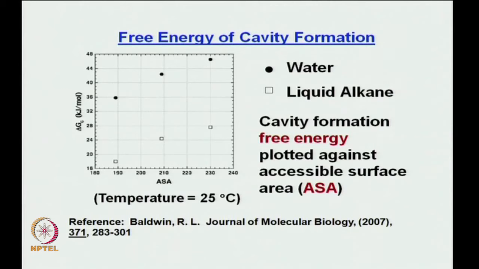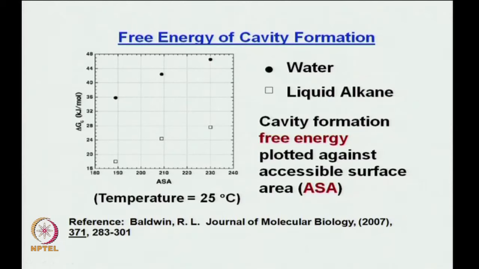I am not telling you what the molecules are, I will tell you in the next slide, where I actually give you the table. But look at this, what is very surprising, maybe what we have not thought about before. You look at the cavity formation free energy, where is it more? Is it more in alkenes or is it more in water? It is always more in water.